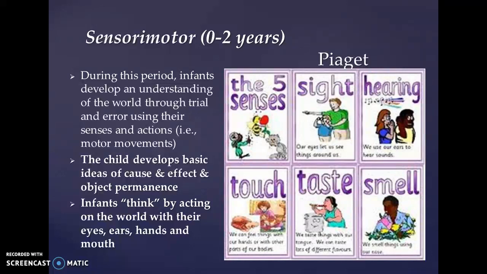Which is why, again, babies may become fearful when you leave a room, because they believe that mommy has disappeared. Infants think by acting on the world with their eyes, ears, hands, and mouth.